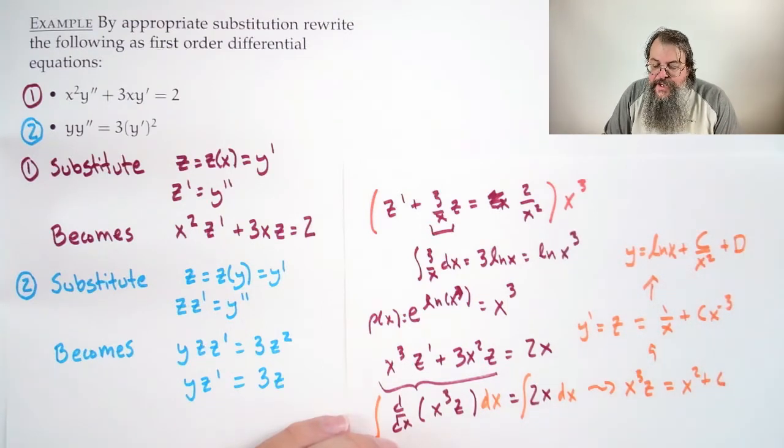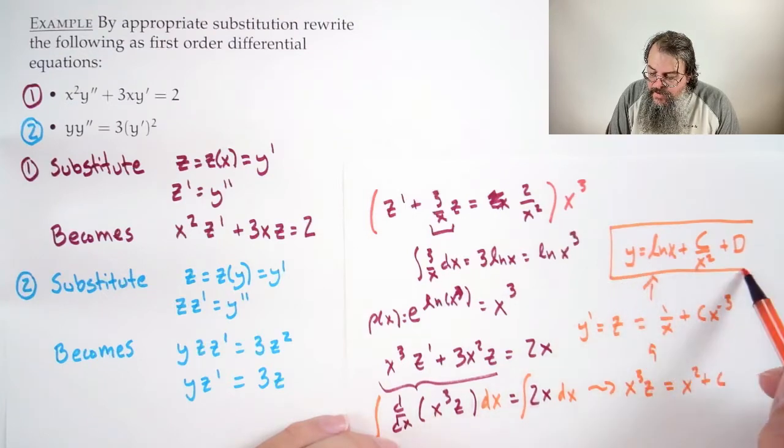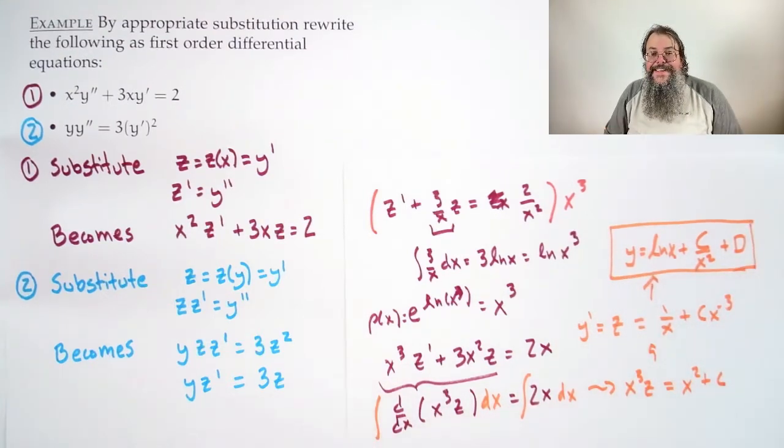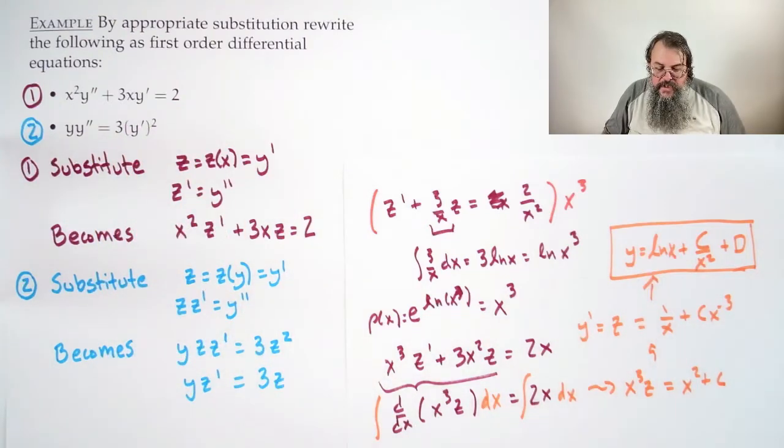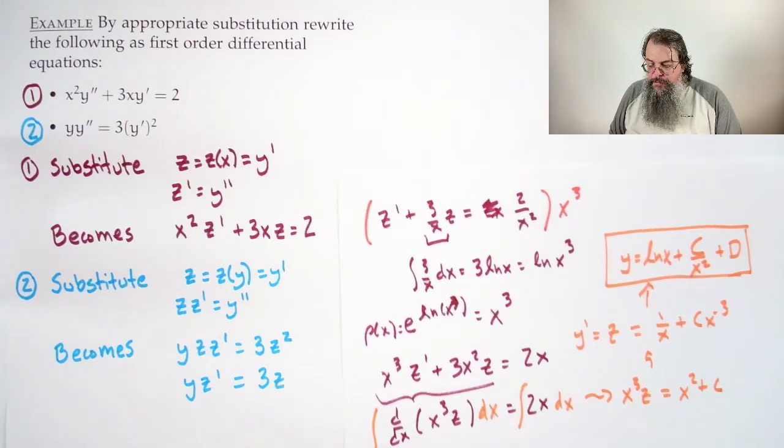Because, of course, every time we do an integral, we get a constant. And it's a second order equation, so we should expect 2 constants. And we're done. So that's it for x squared y double prime plus 3xy prime equals 2. Boom. Beautiful. Just right. Fantastic. Now, that's one thing that could happen.